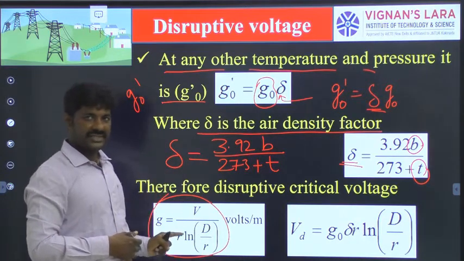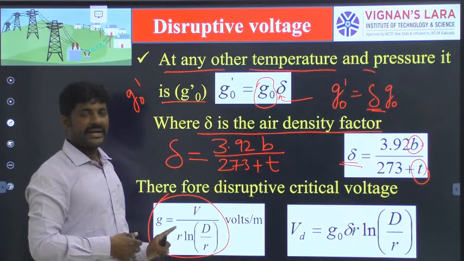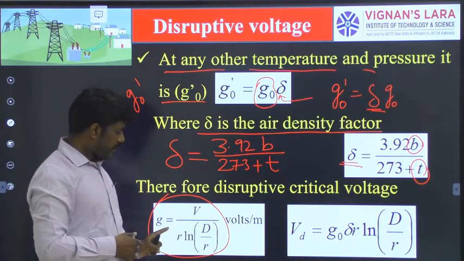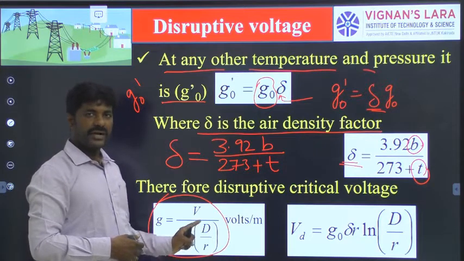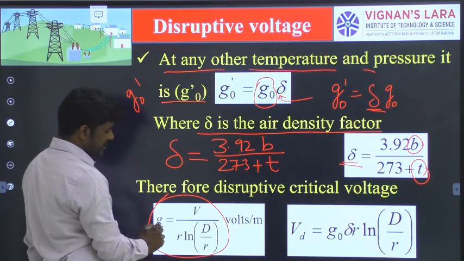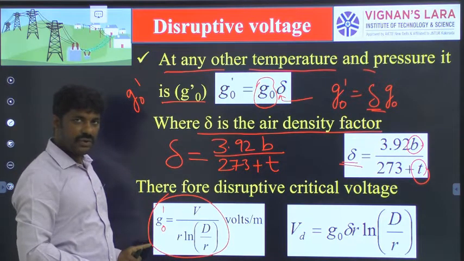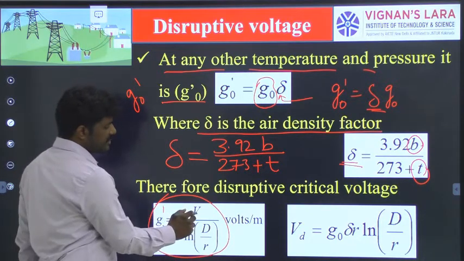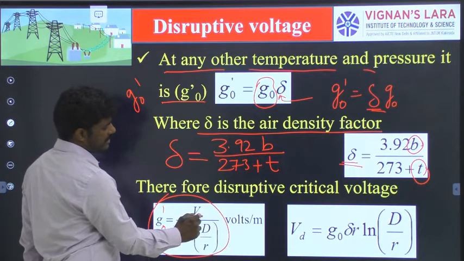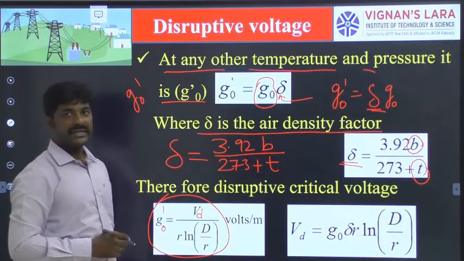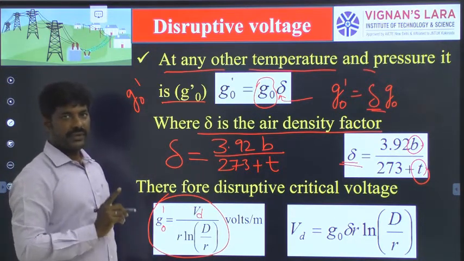In our previous discussion also we came to know that gradient G is equal to V by R into ln of D by R. Whenever this G is equal to G naught dash, then this operating voltage we can define as the disruptive critical voltage VD.